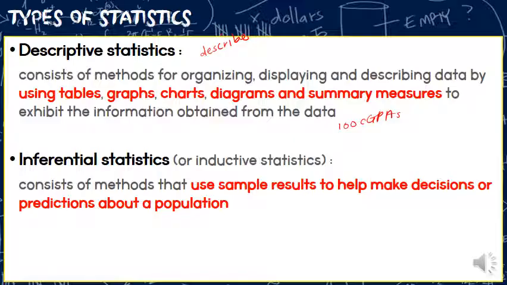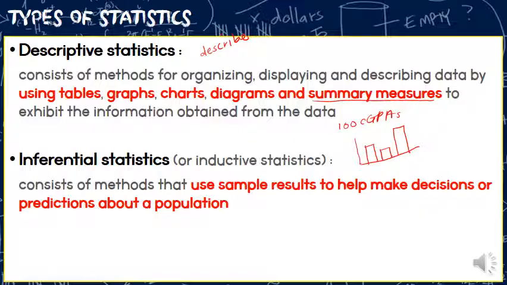So daripada 100 CGPA yang you dapat ni, you tunjukkan dalam bentuk bar charts. Awak present 100 CGPA yang ada tu dalam bentuk bar charts. You describe your data by using charts, descriptive statistics. Ataupun you describe your data menggunakan summary measures.